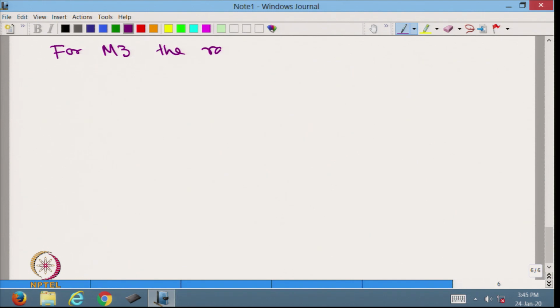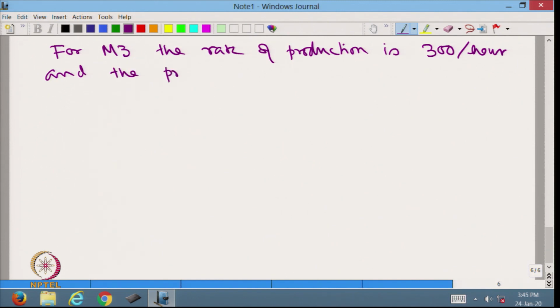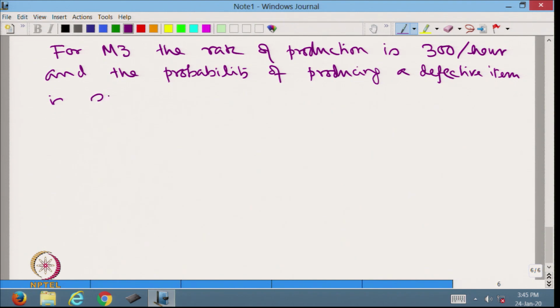For M3, the rate of production is say 300 per hour and the probability of producing a defective item is say 0.03.